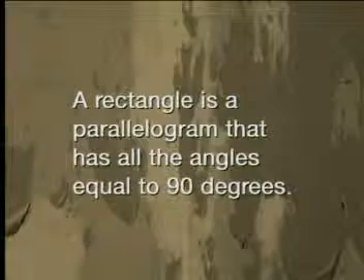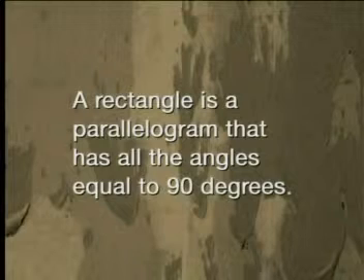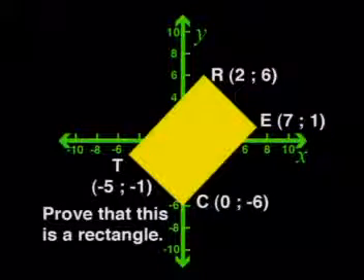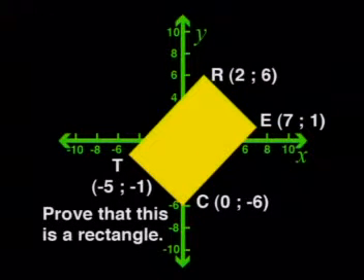But your proof is not the only way it could have been done. Let's look at another way of answering this question. We could define a rectangle as a parallelogram that has all the angles equal to 90 degrees. This means that we can find a way to prove that RECT is a parallelogram and then prove its angles are 90 degrees.